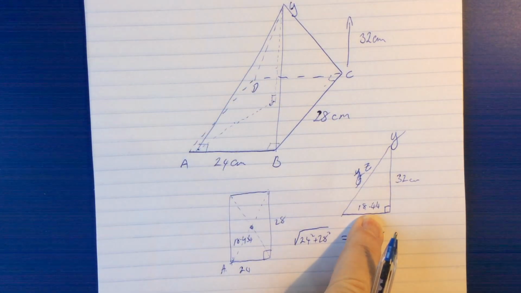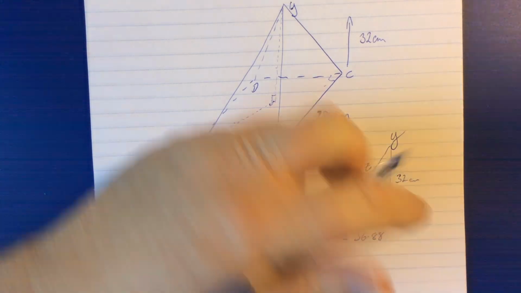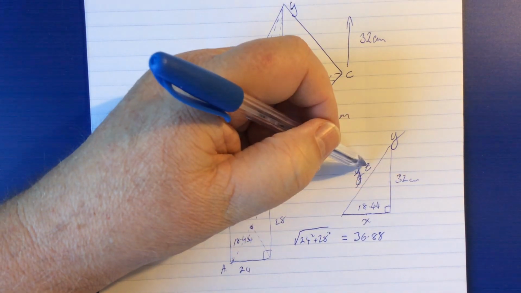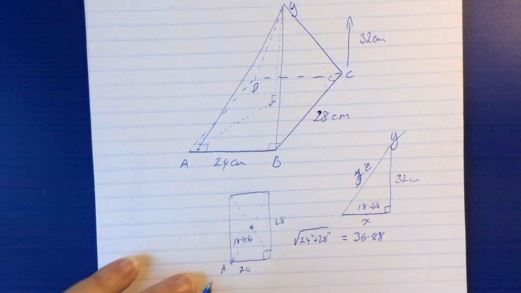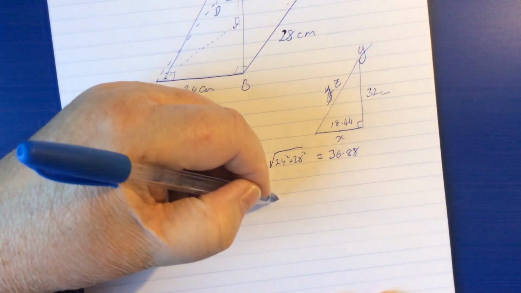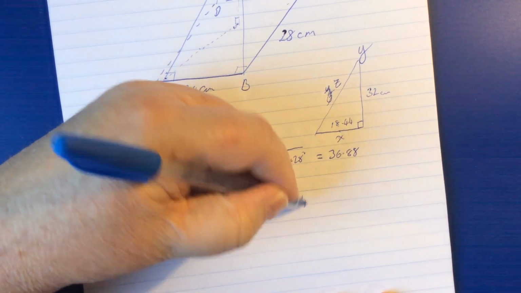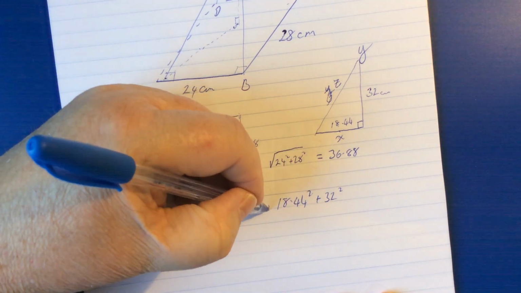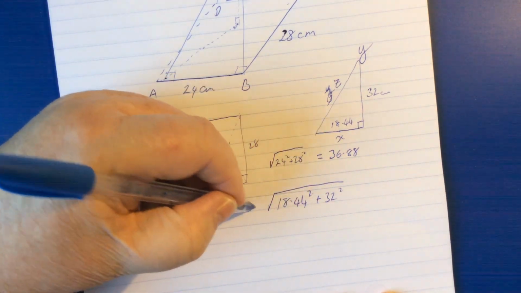Okay, so 18.44, we have our base, we have our height, we have a squared plus b squared equaling, in this case, z squared. So let's go to work. 18.44 squared plus 32 squared, square root thereof will give us z.